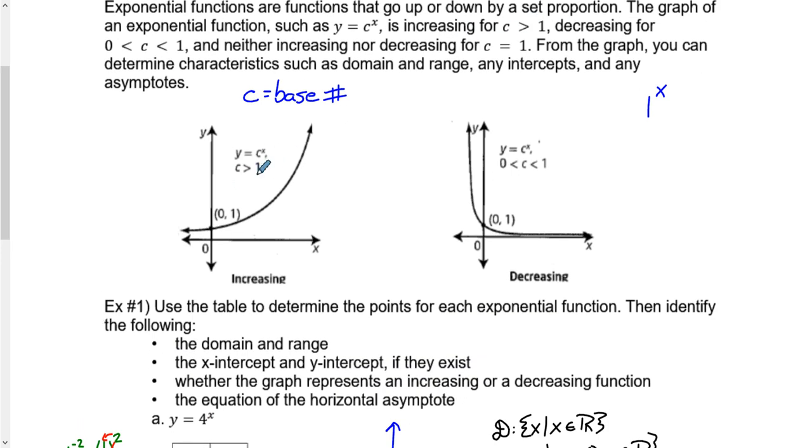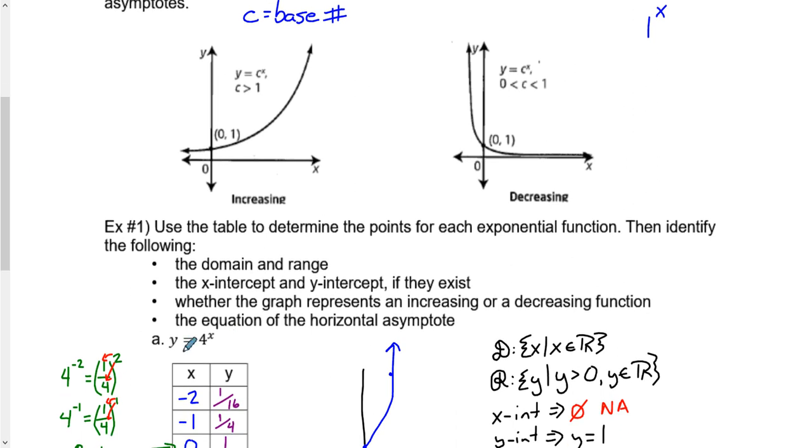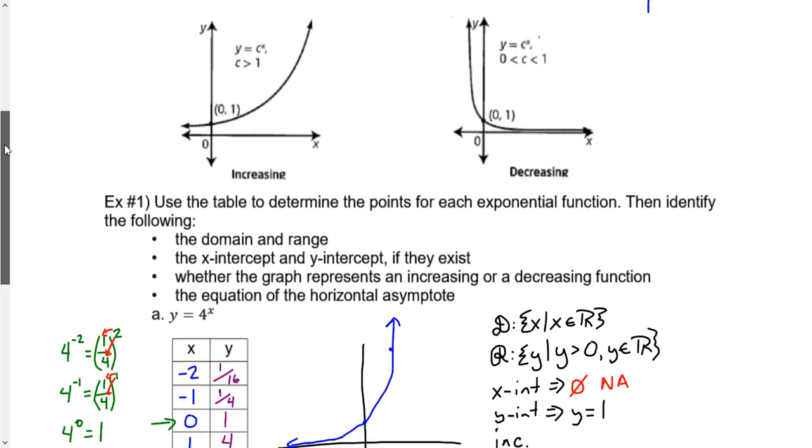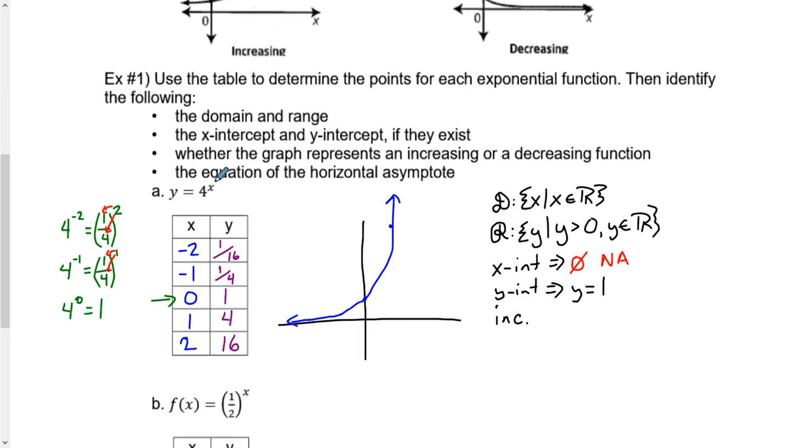And any increasing function is going to have a c value greater than 1, provided that we don't have any extra transformations in here, which, yes, we will talk about, but we're not going to be doing that in this section. Because generally, we're just going to talk about the base. We're just learning what the exponentials are here. And since that 4 is definitely bigger than 1, it's an increasing function.